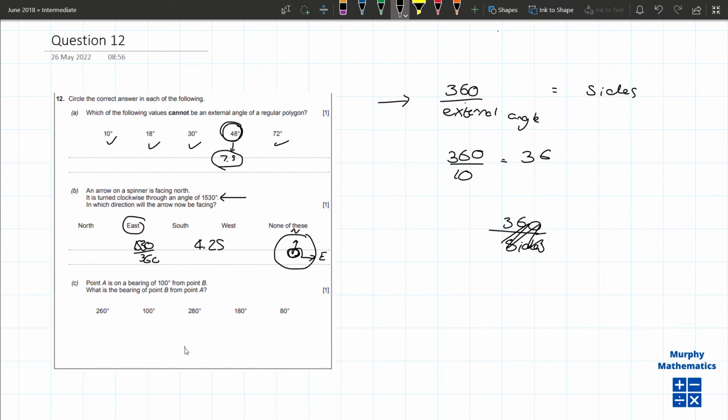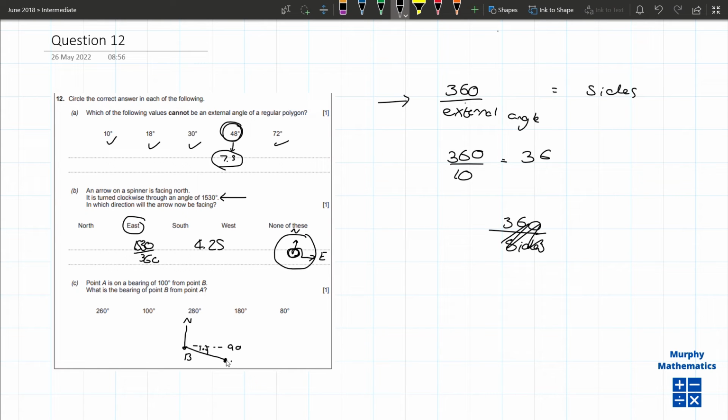So if we draw this out, so we know bearings always go from north clockwise. So point A is on a bearing 100 degrees from point B. So call this one B, and point A is 100 degrees. So that's about here. Because we know this is 90, this is going to be about 100 degrees.